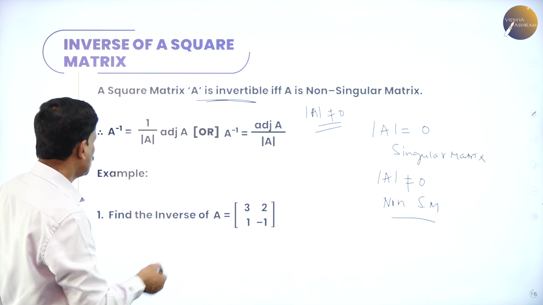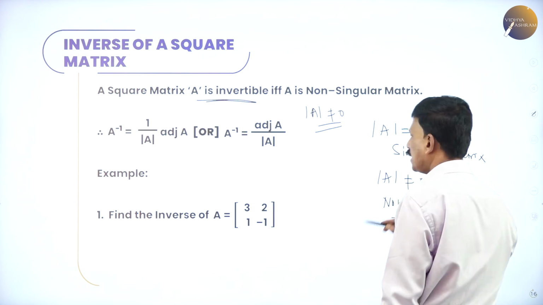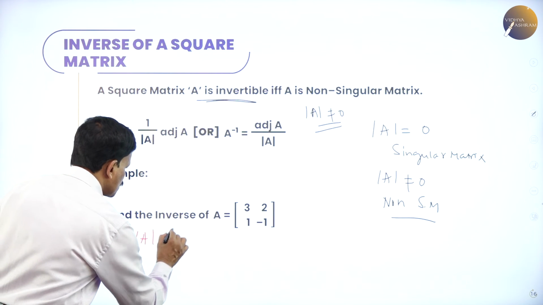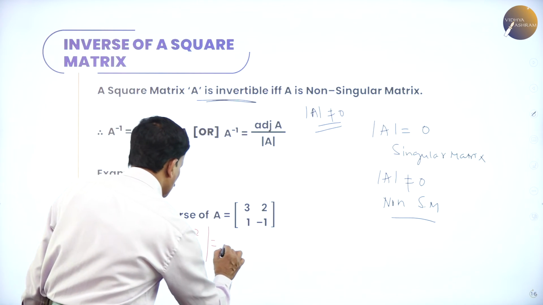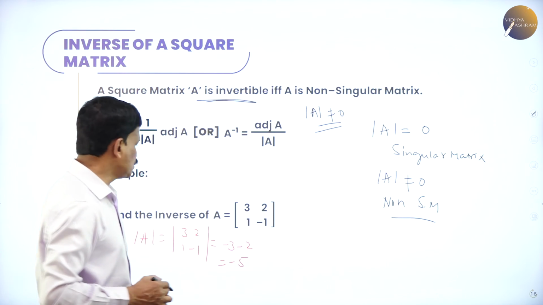Now, let us take a small example. Find the inverse of this matrix. So, find out the determinant of A. Determinant of A is equal to the determinant of [3, 2; 1, -1]. This is equal to minus 3 minus 2, that is minus 5. Now, find out the adjoint of this.